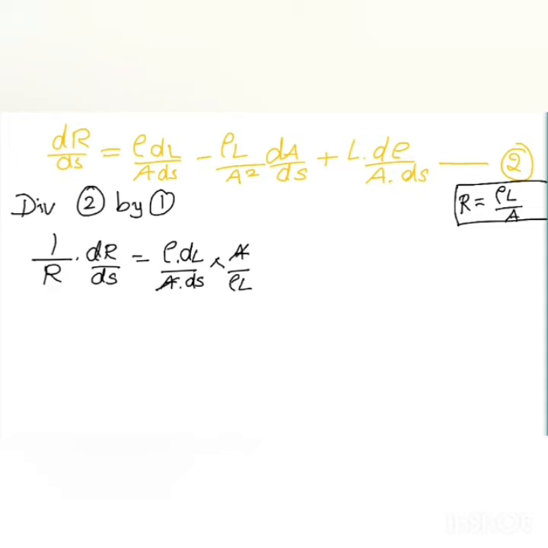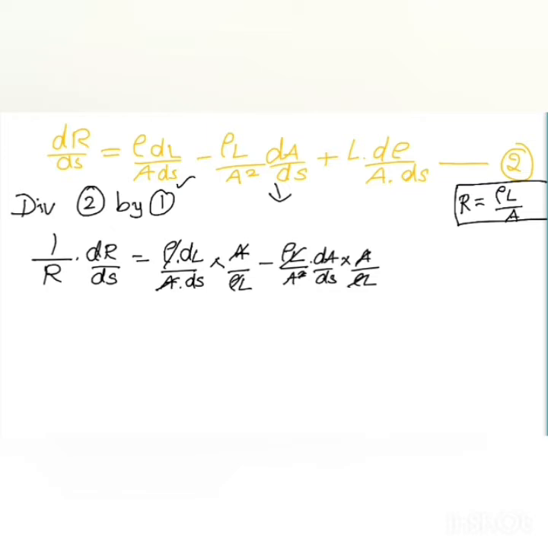So this cancels and this cancels, and we completed the first term. Now write the second one: minus rho L by A squared into dA by dS into A by rho L. So rho L will get cancelled, and one A will get cancelled.